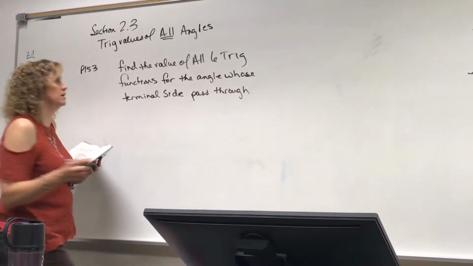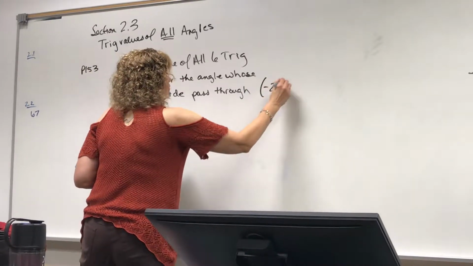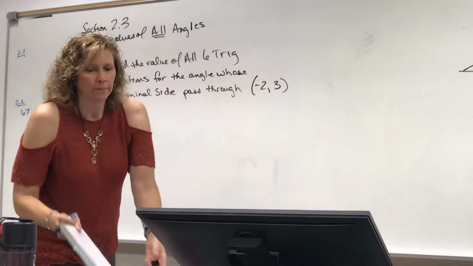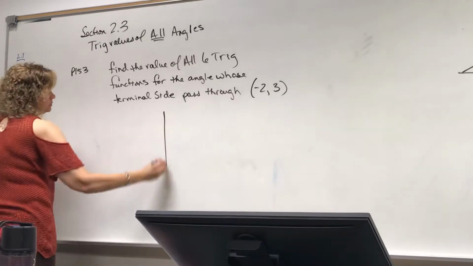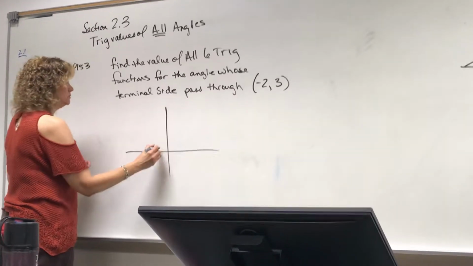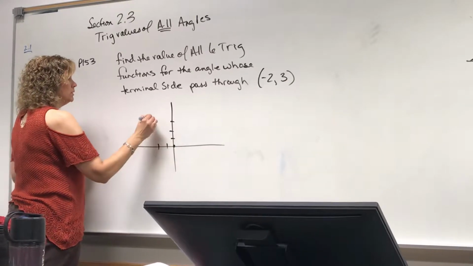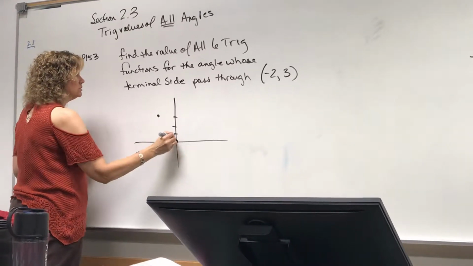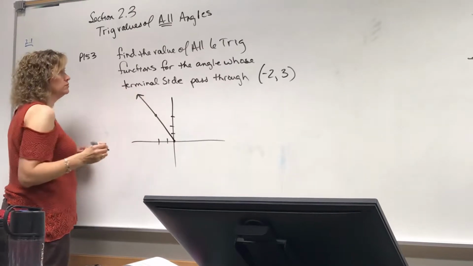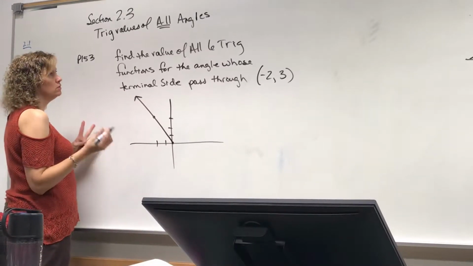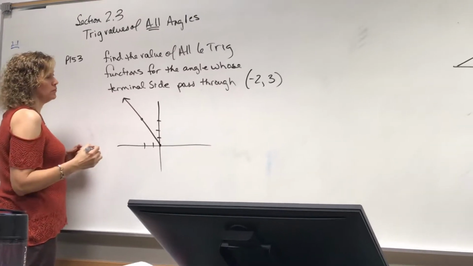Negative 2, 3. Okay, so we're going to plot our point, negative 2, 3. Here's our point. The terminal side of our angle passes through that point.